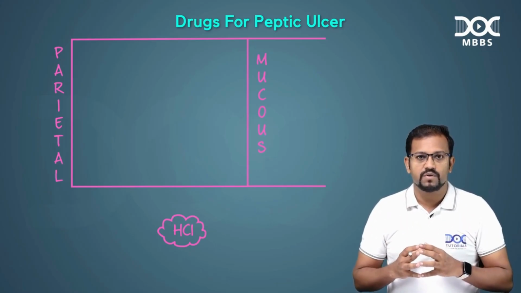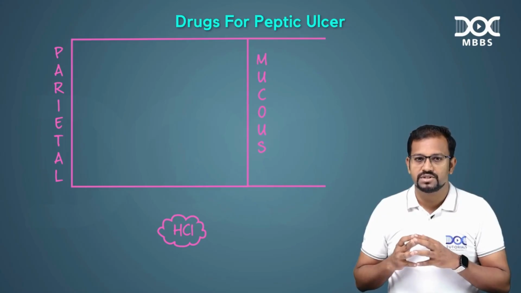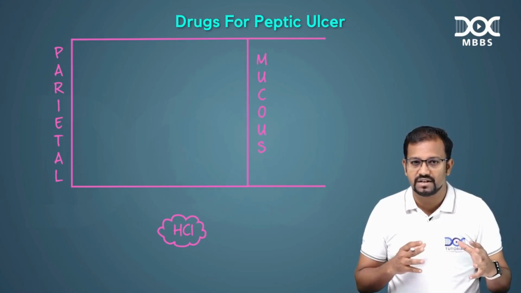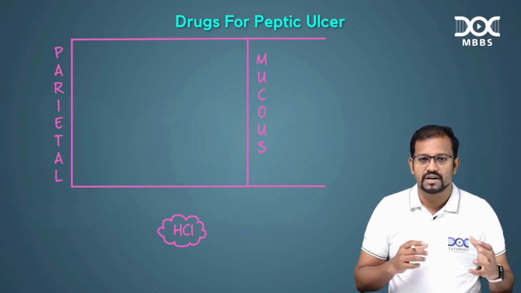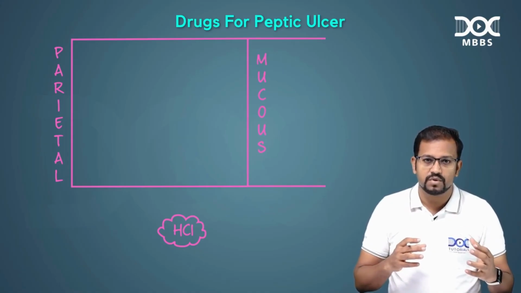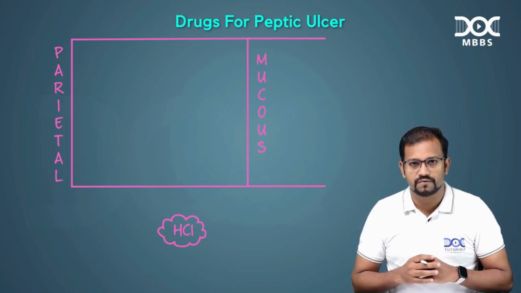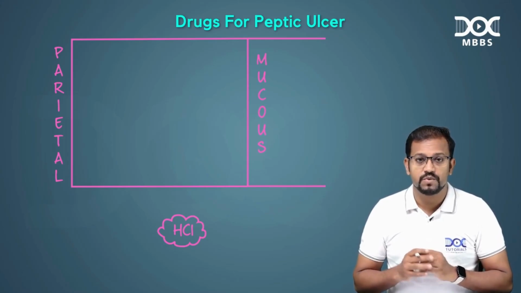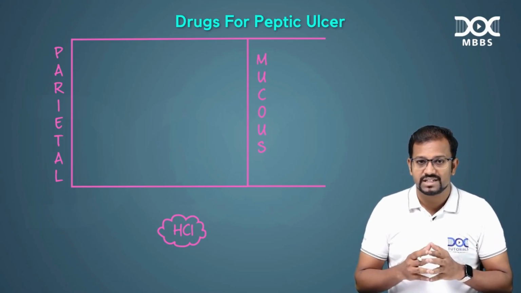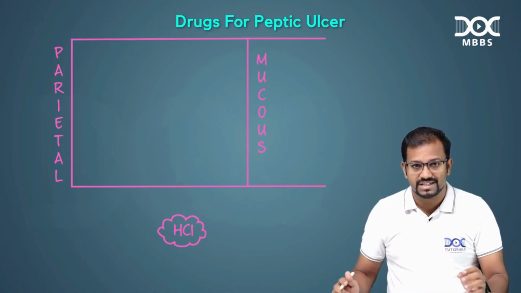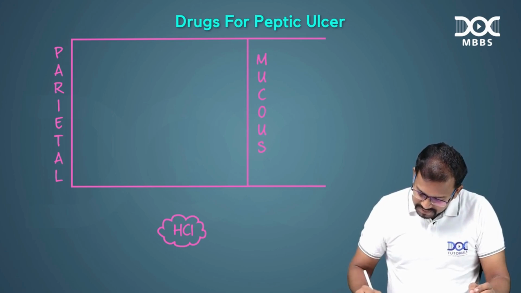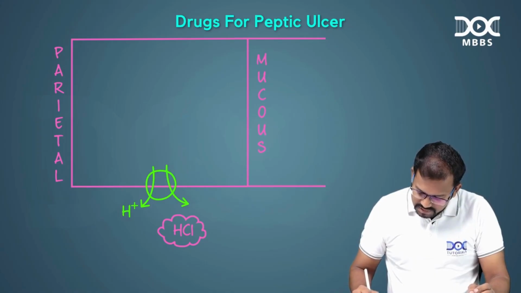We know that whenever a transporter works against the gradient, it is an active transport, and if it is an active transport, we need energy for that function to be performed. That's why this pump is called the H plus K plus ATPase pump. So here's where the pump is. With the help of this pump, H plus is let out and K plus is let out.